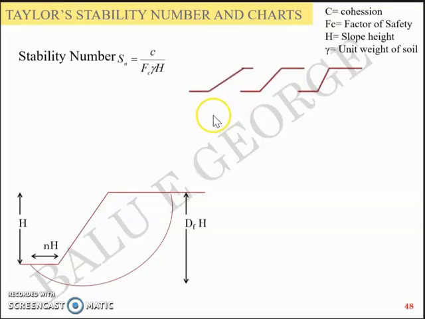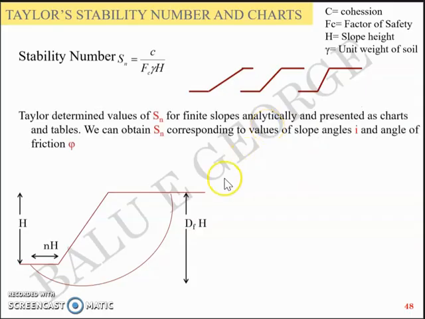And you can have different geometries of slopes like this, angle varying, depth varying, etc. And Taylor determined the values of Sn for finite slopes analytically and presented them as charts and tables.